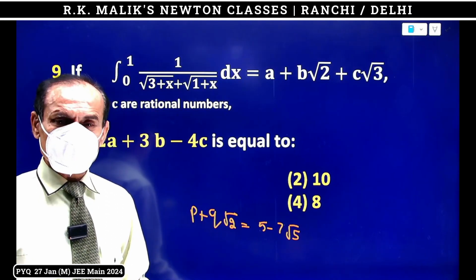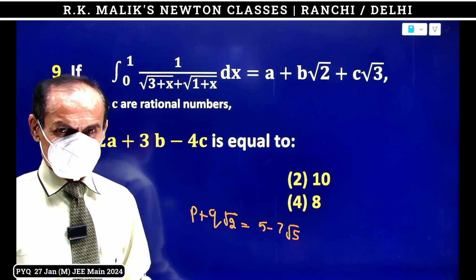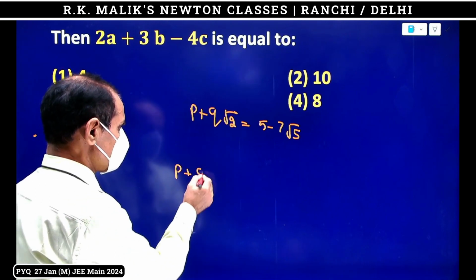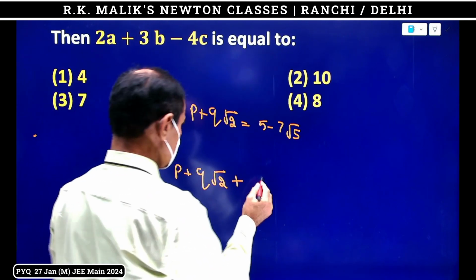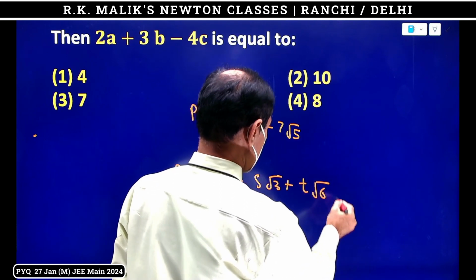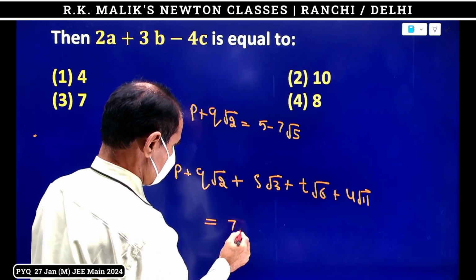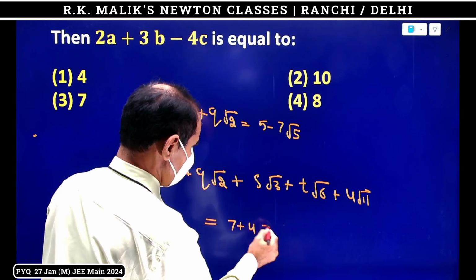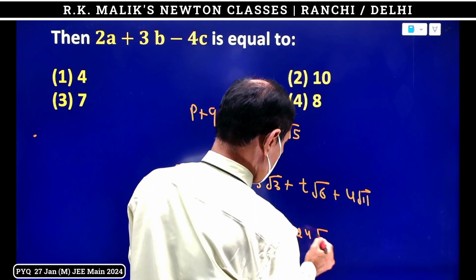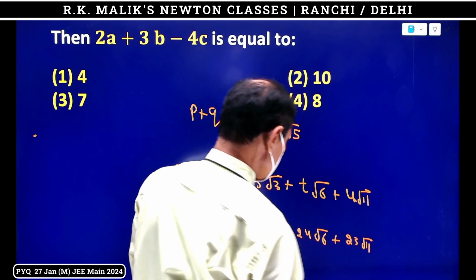That is, unique values of p and q are possible only if both p and q are given to you as rational numbers. Similarly, one more example is, say it is p plus q root 2 plus s root 3 plus t root 6 plus u root 11 is equal to 7 plus 4 root 2 minus 24 root 6 plus 23 root 11.